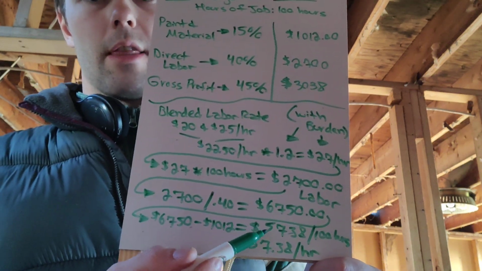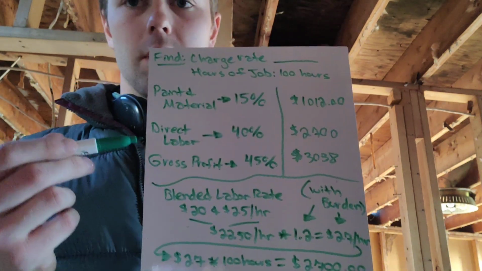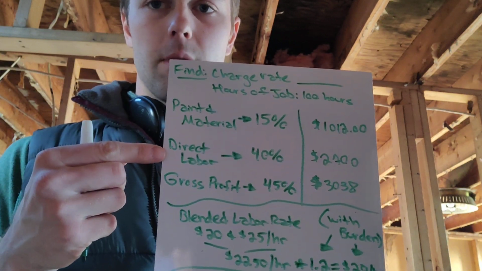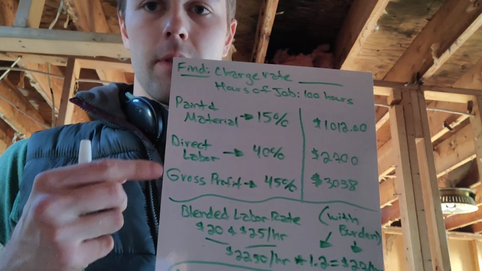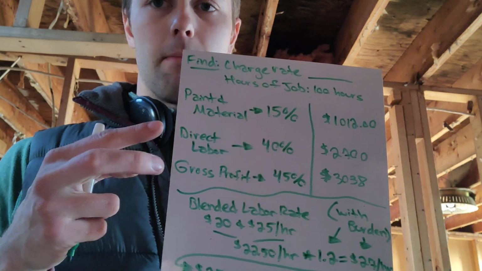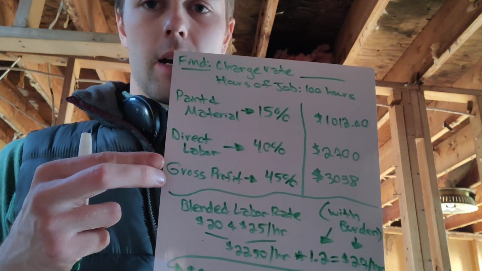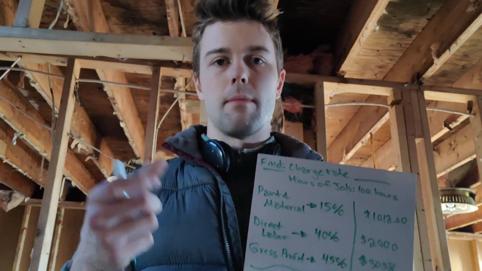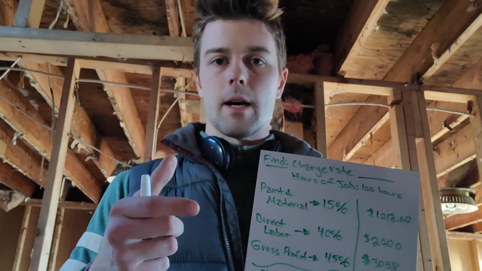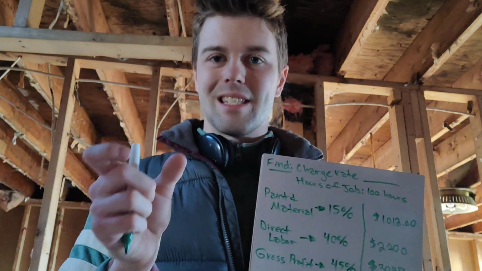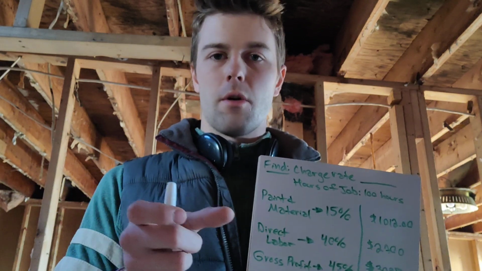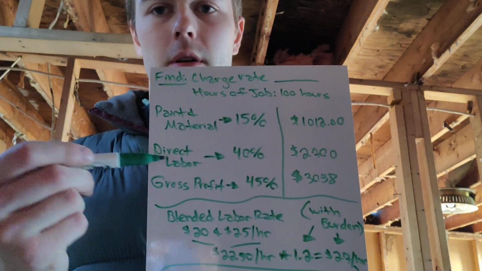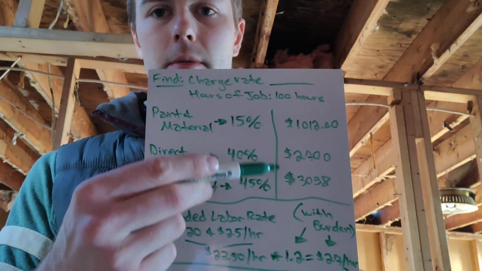The reason that works is because up here, the direct labor and the gross profit, that number combined is the total labor cost that I basically did the math for in the previous example. If you recall, the 100 labor hours times 60 an hour, for example, comes to $6,000. So that $6,000 number, if you can recall, is this number plus this number.